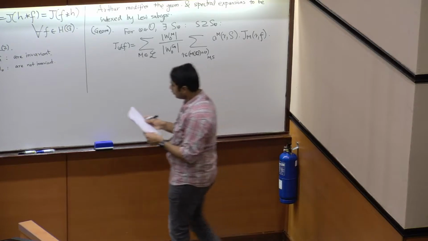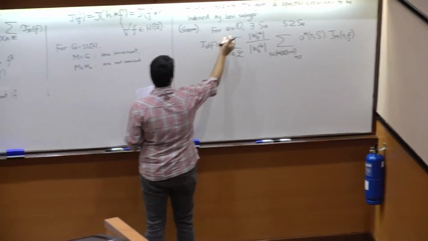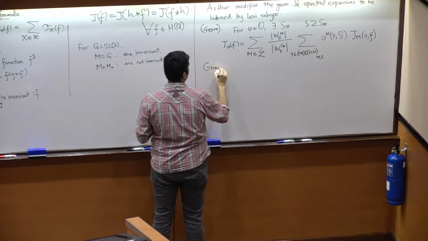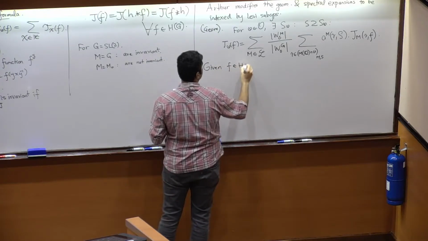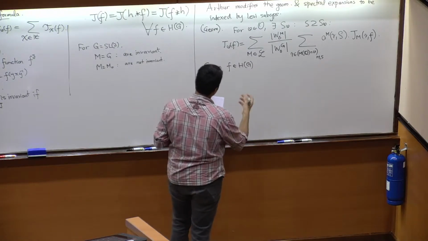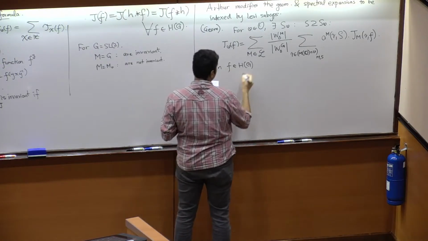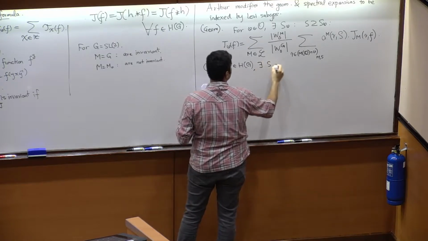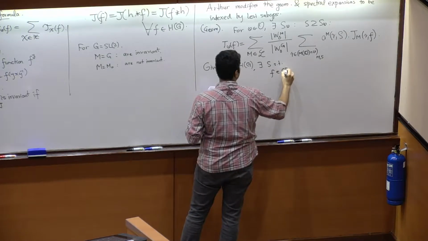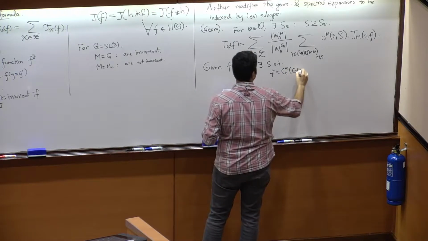And if you want to combine this for all O's, then given an f in the Hecke algebra, there's a finite set of places outside which f is supported. So there is an S such that you can think of f as sitting inside G(F_S).